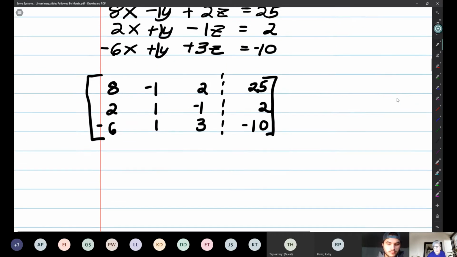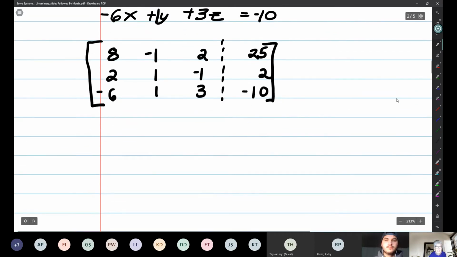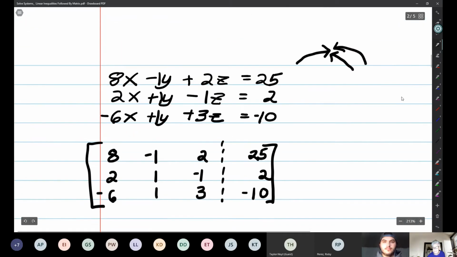Okay? What we're going to do is deal with these numbers, and we're going to use what's called Gaussian elimination. There's another method too, but we are going to use only Gaussian elimination because it's easier for beginners.